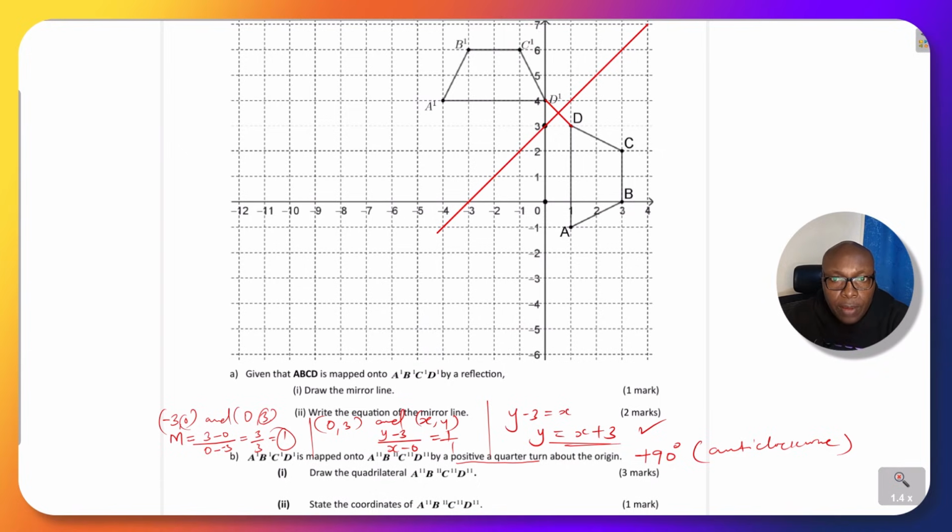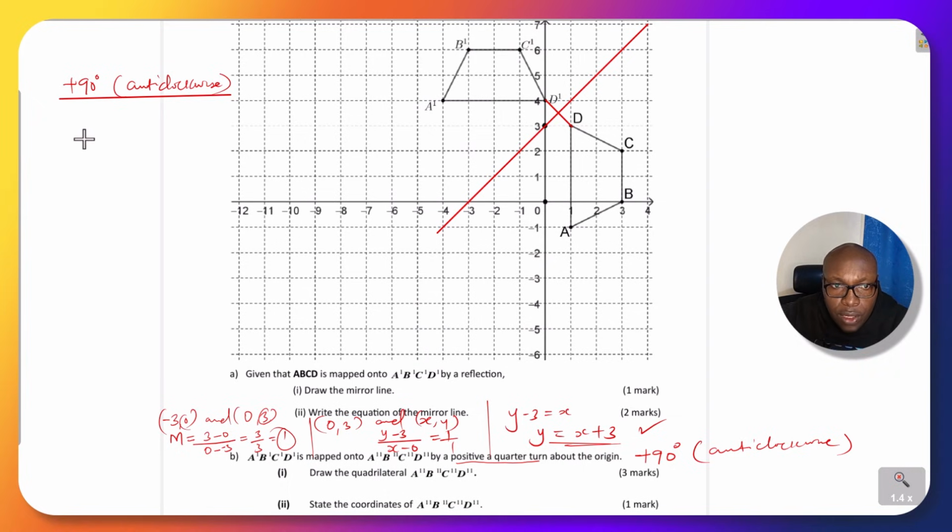Now I'll show you the easiest way to go about this by coming up with a simple formula. For a positive quarter turn about the origin, and you should know that in this kind of rotation, it is supposed to work in the anti-clockwise direction. Just a good summary that will help you without having to measure the angle.